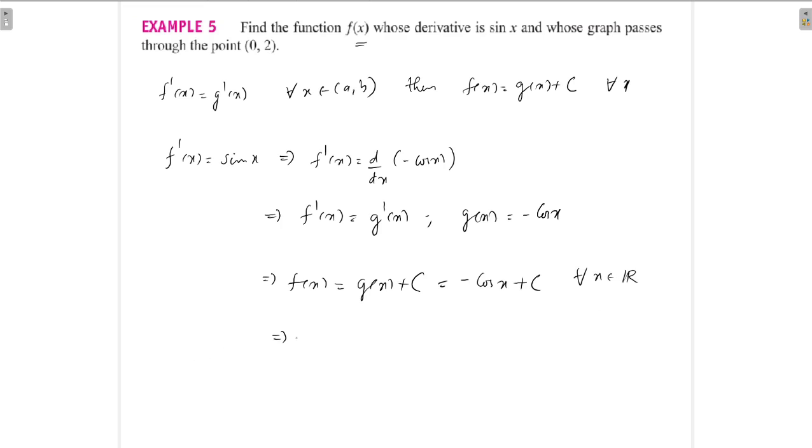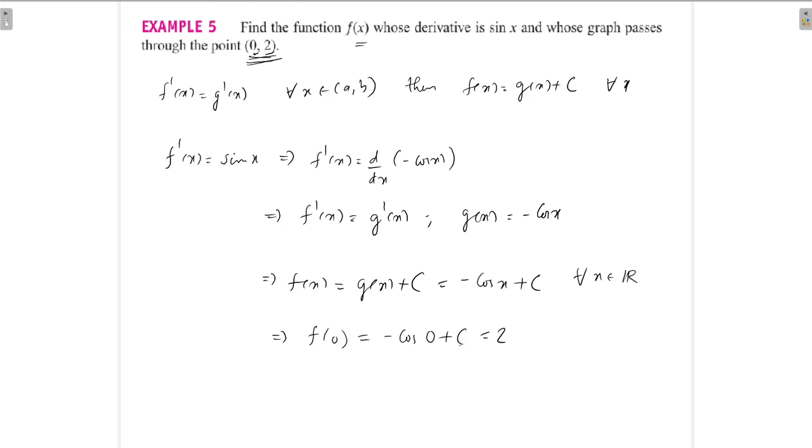So this implies f of x equal to minus cos x plus c, and we are given that the graph of the function passes through (0, 2). So whenever x equal to 0, the value of the function is 2. That is the meaning of this. The function passes through (0, 2), that means whenever x equals 0, the function value is 2.